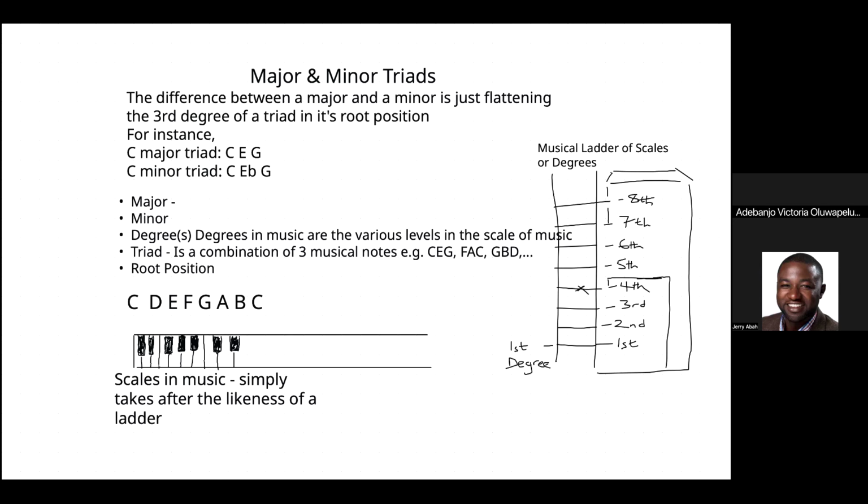That's first, second, third. F is the fourth degree. G is the fifth degree. A is the sixth. B is the seventh. And then the next C, which is an octave, is the eighth degree.